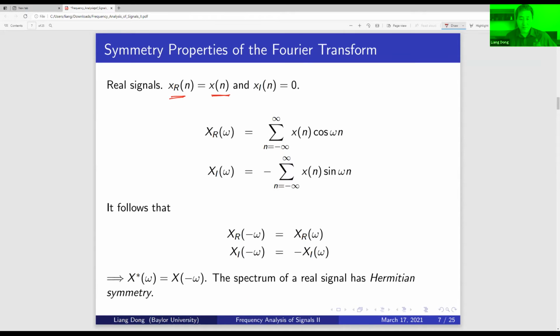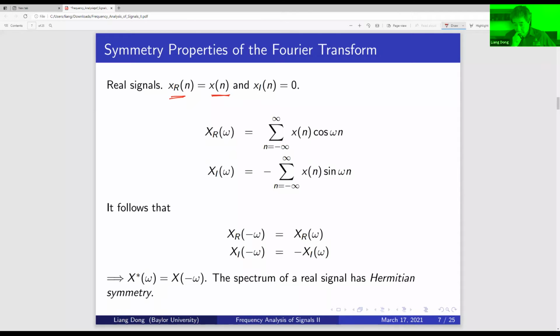Therefore, what we are left with is a summation of xn times cosine omega n. Similarly, capital Xi, the imaginary part, is equal to negative sum xn times sine omega n. The second part has canceled out because I don't have an imaginary little xi.